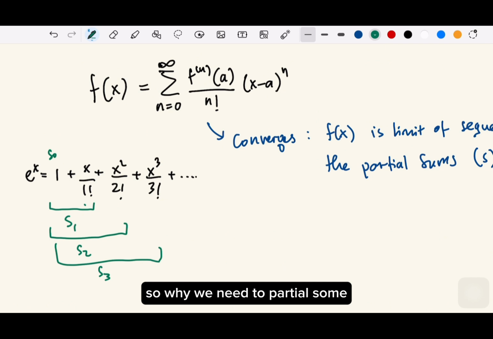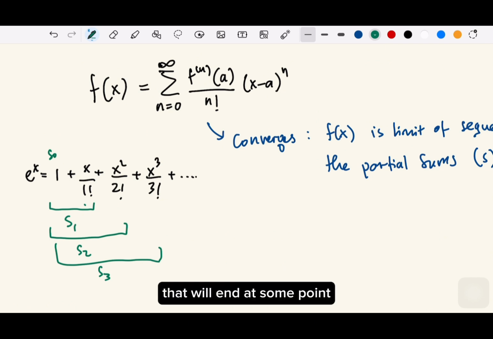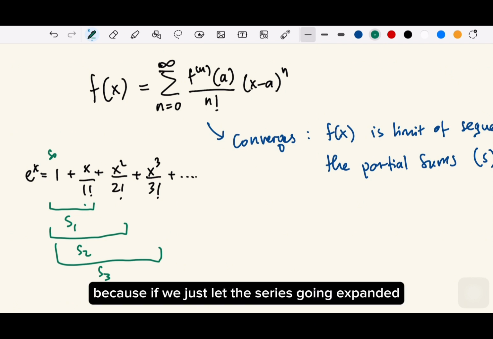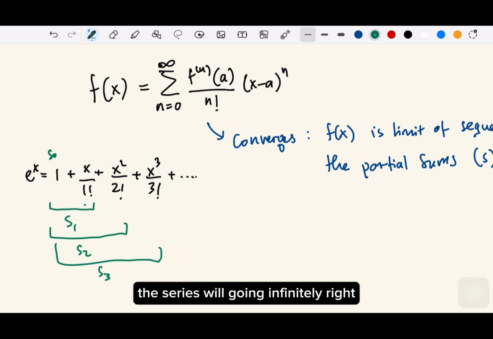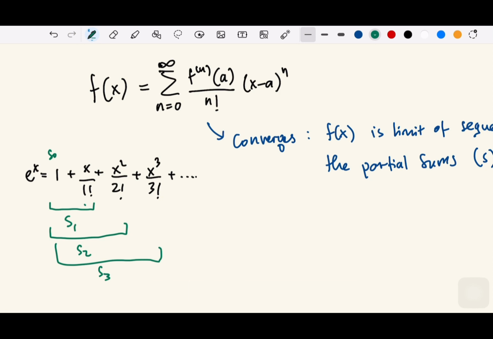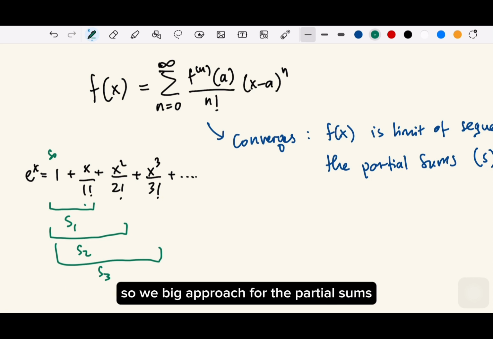Why do we need the partial sum? Because we are going to develop a new sequence that will end at some point. If we just let the series expand, it goes on infinitely, so we don't know how to stop the series. So we need to take some steps and then stop the series at a certain point. So we take the approach of partial sums.